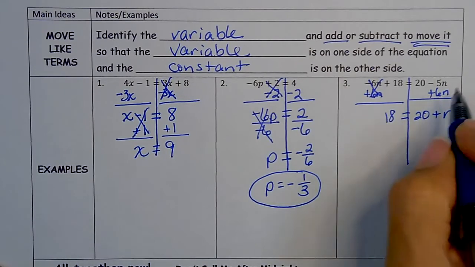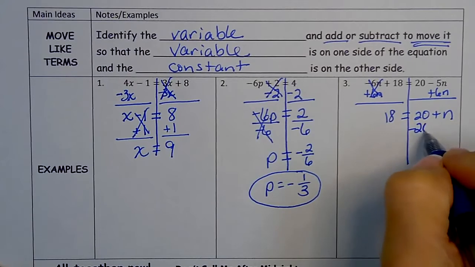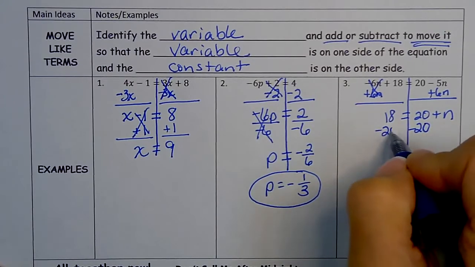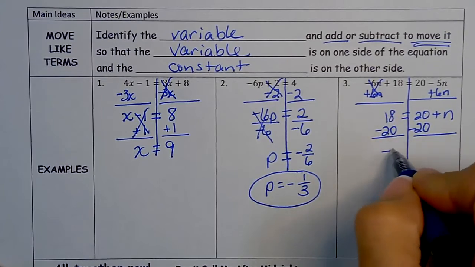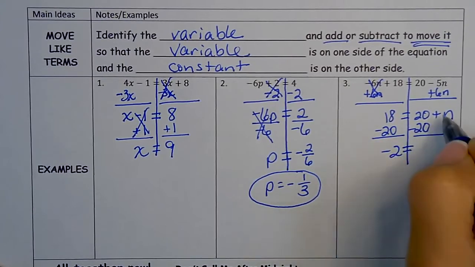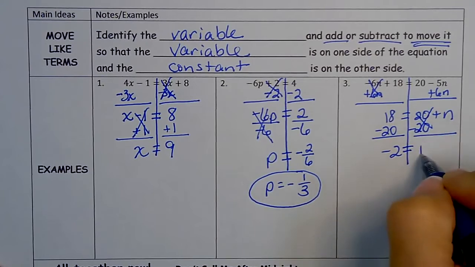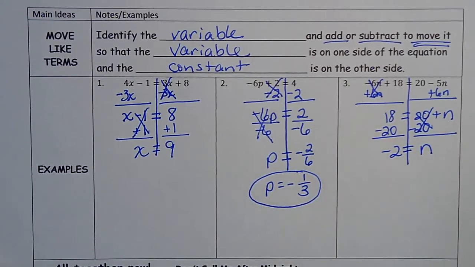All right, got my variable on one side. Time to move this guy over here. 18 minus 20 is -2 equals n.